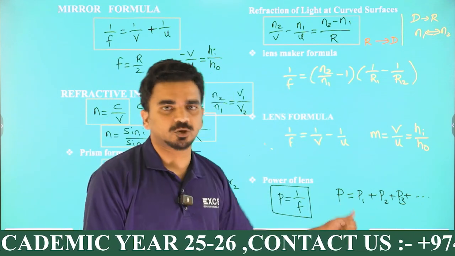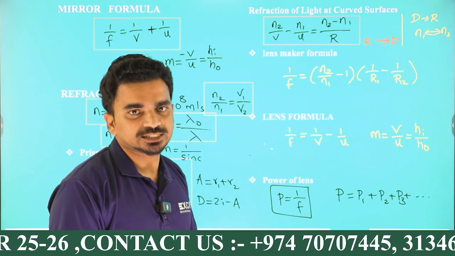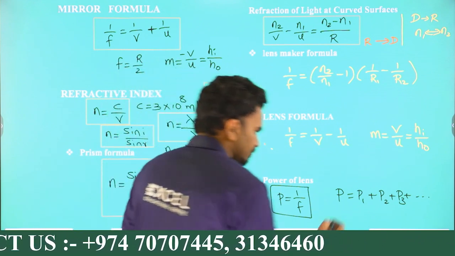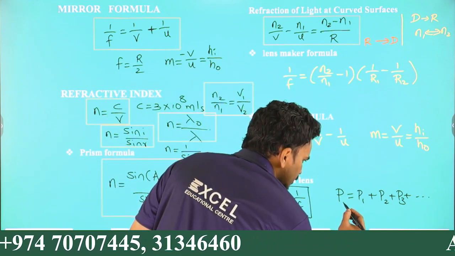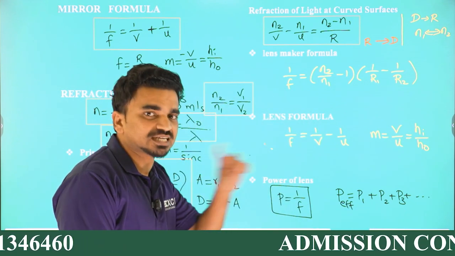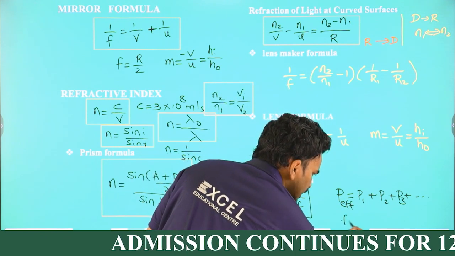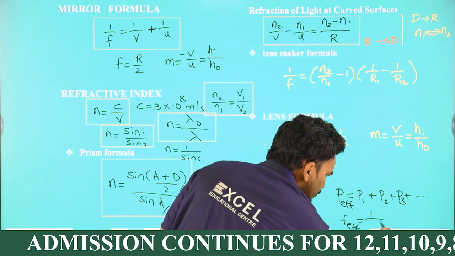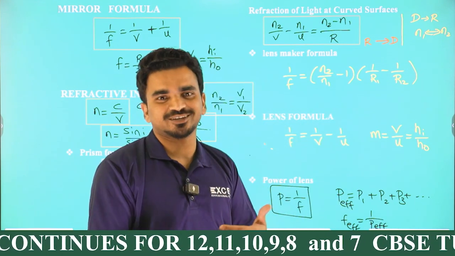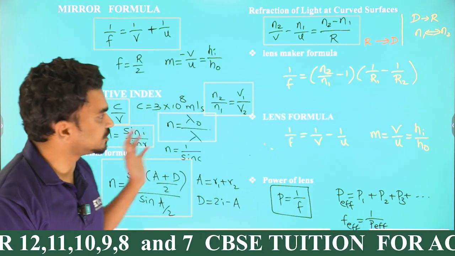P stands for the total power, the effective power, or resultant power of the combination. If they ask for the effective focal length, then after finding the total power, take the reciprocal. You will get the effective focal length. All right, so keep all these formulas in mind.